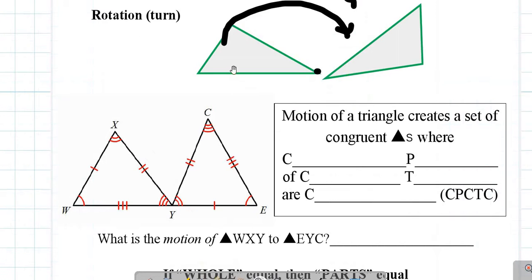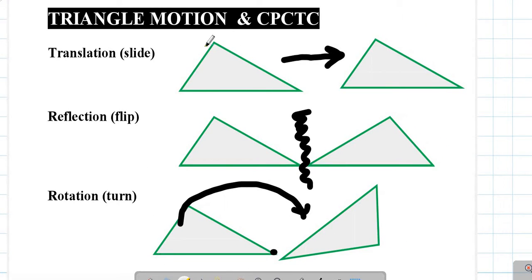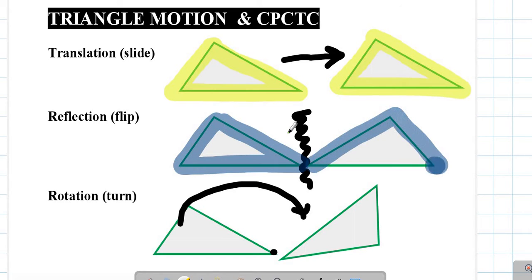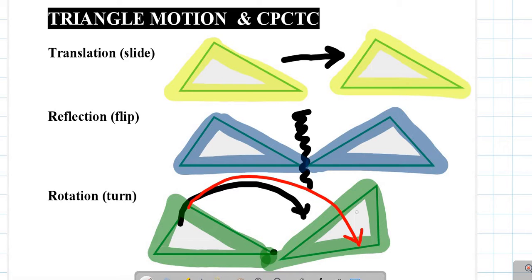Let me just recap this. What's important to understand: if I take a triangle and I translate it, which means just to slide it right, left, up, down, or I take a triangle and I flip it across a reflection line, or I take a triangle and I rotate it on a single point. You can kind of see how this got turned from here to there.